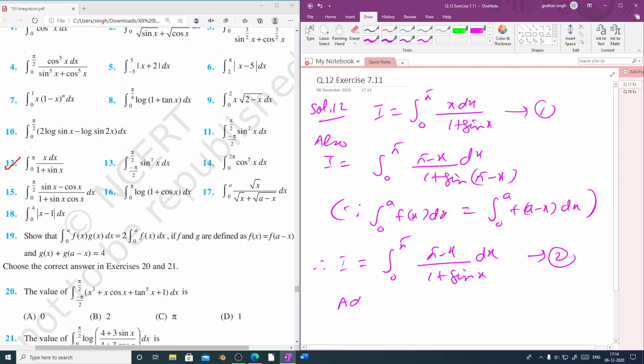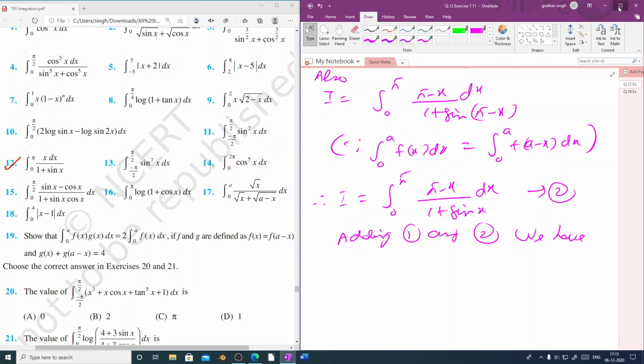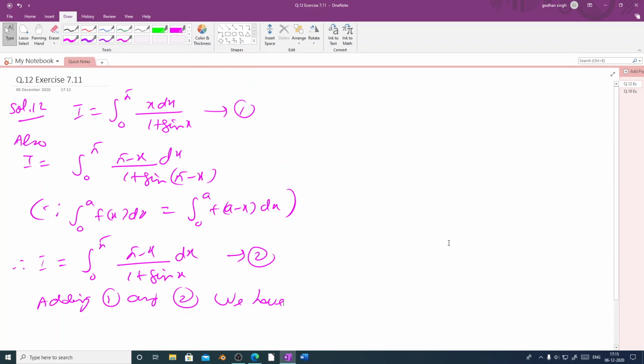I will add 1 and 2. So adding 1 and 2, we get 2I equals the integral from 0 to pi.